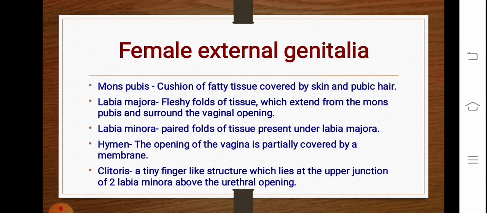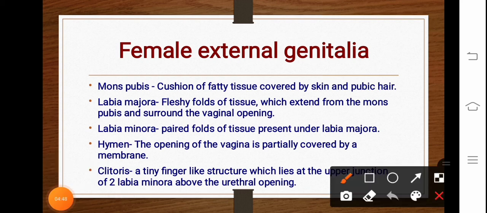Clear? I will talk about this in detail. Mons pubis, as I mentioned, is a cushion of fatty tissue which is covered by skin and pubic hair. As the name says, pubis, it is covered by pubic hair. Clear? The next one is labia majora.